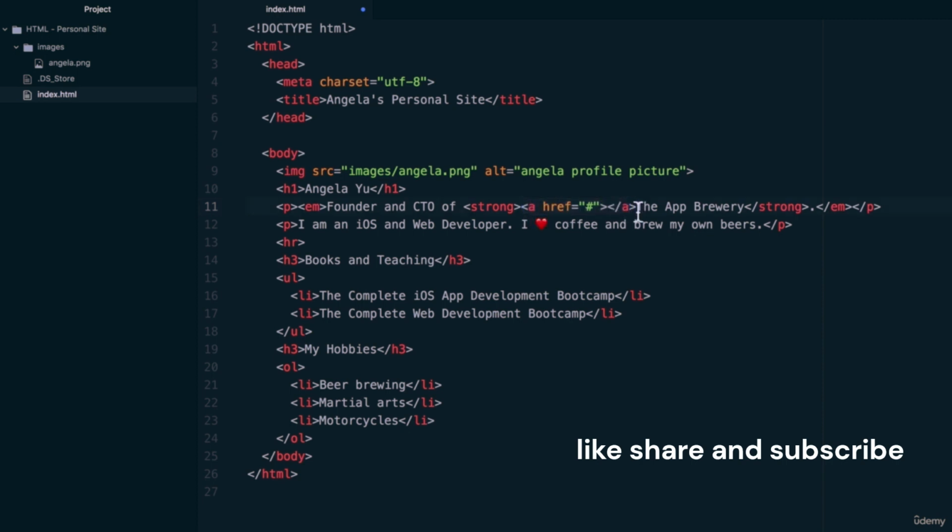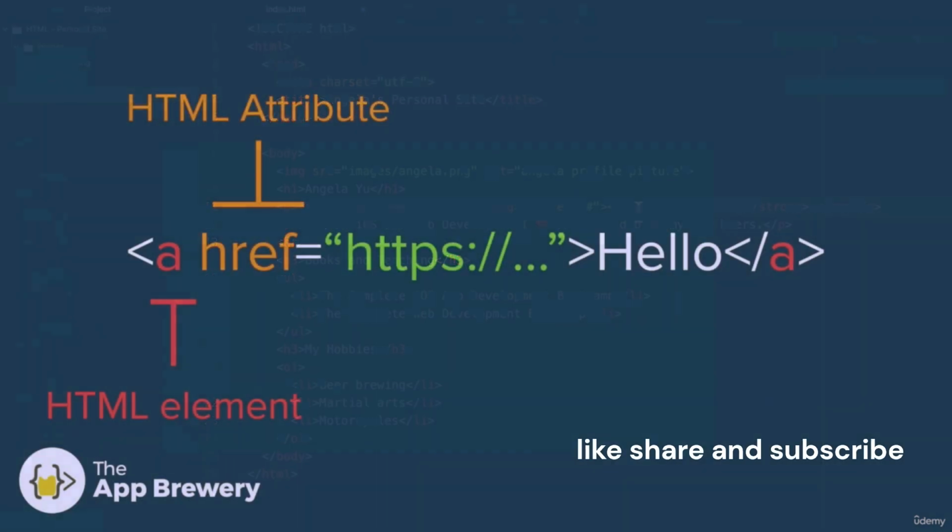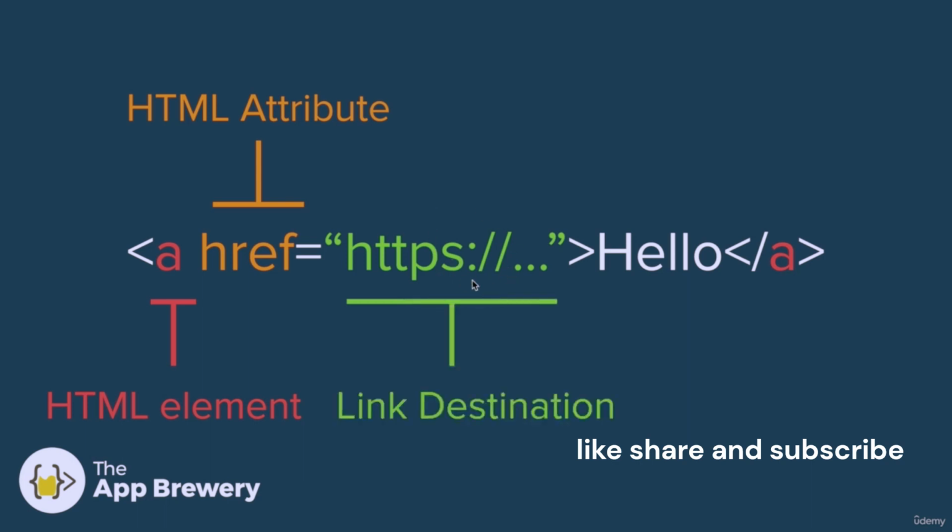So let's have a look at the structure in a bit more detail. As with the other HTML elements we've seen, the anchor tag has the A as the element name. And then the most important attribute that you're going to find yourself using is the href. And this is set to equal the link destination. So where are you going to take your user when they click on this link?